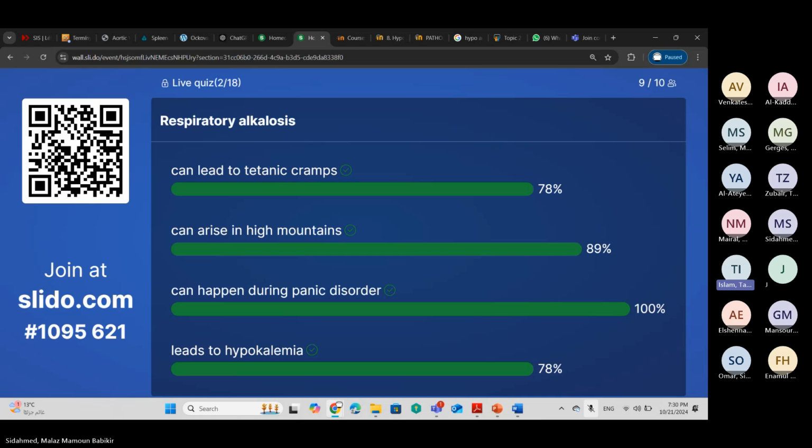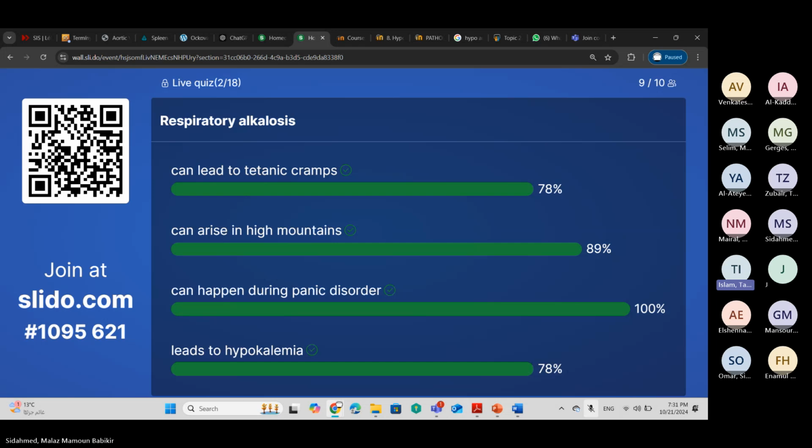Yes, respiratory alkalosis can lead to tetanic cramps because it reduces the amount of H plus in the plasma, and that increases the amount of calcium binding to the albumins, which compete with H plus for binding. This reduces the amount of ionized calcium, which increases the excitability of neuromuscular junctions and therefore leads to tetanic cramps. The other options, I think everyone answered correctly.